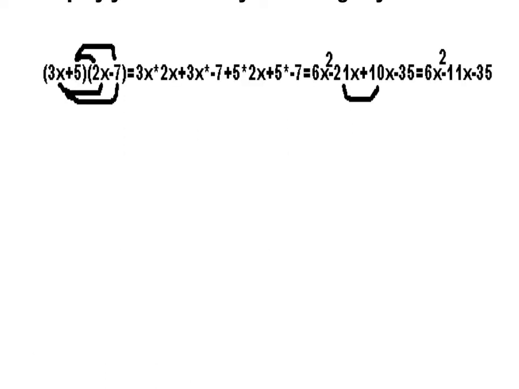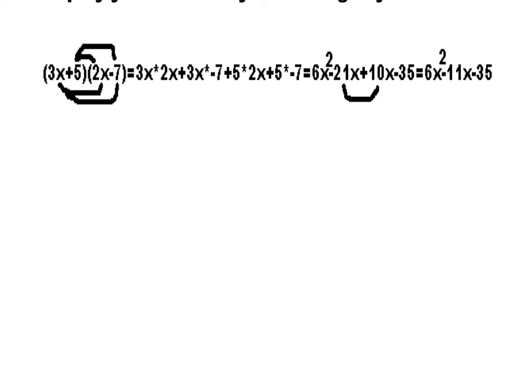For example, here, if we are trying to multiply 3x plus 5 times 2x minus 7, the way we do it is that we take every term of the left bracket and then multiply it by every term in the second bracket. The first term on the left bracket is 3x. The first term on the second bracket is 2x.